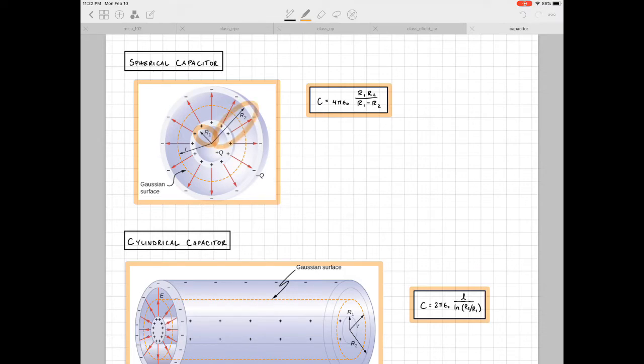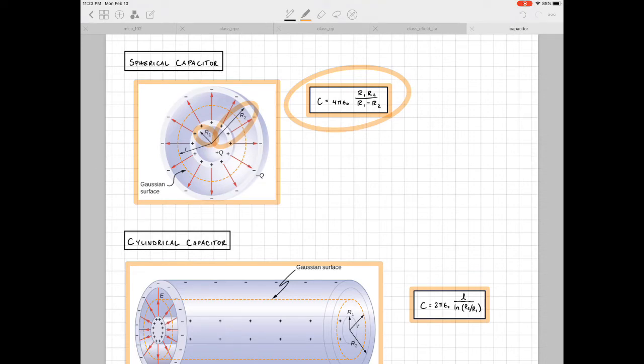The integral is done in the book. I didn't reproduce it here, but the integral done to determine the potential difference between the potential at R1 and at R2 is done in the book. When you plug in for the capacitance, you end up with this expression for the capacitance of a spherical capacitor.